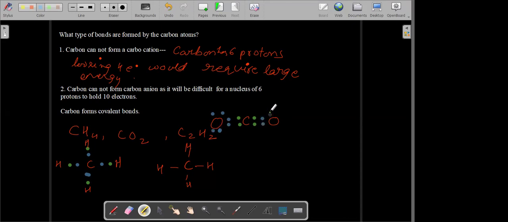Again 1, 2, 3, 4, 5, 6. Alright. So Rijwana, how many electrons are required by each oxygen? 2, sir. And how many electrons are required by carbon? 4, sir. So see, each oxygen will be sharing 2 electrons.